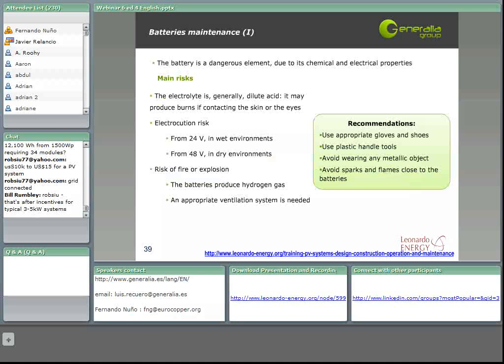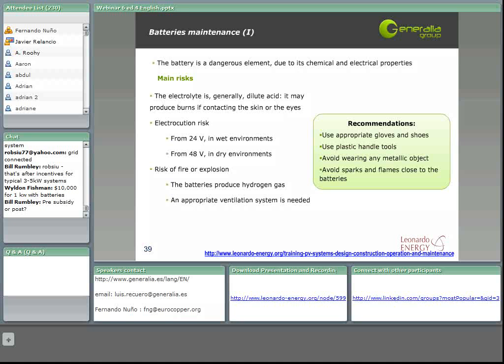Especially in the maintenance of the batteries, we have to pay special attention, because they are a dangerous element that is not normally included in PV facilities for grid-connected systems. The main risks are the ones identified in this slide: the electrolyte is generally dilute acid, so it may produce burns if contacting the skin or the eyes.